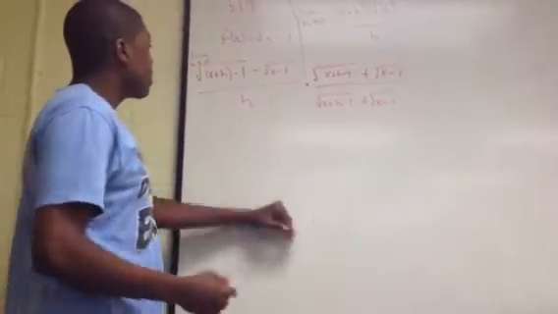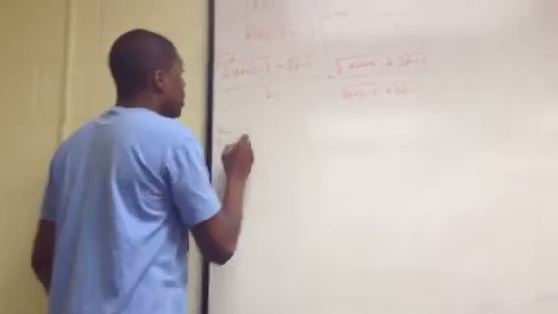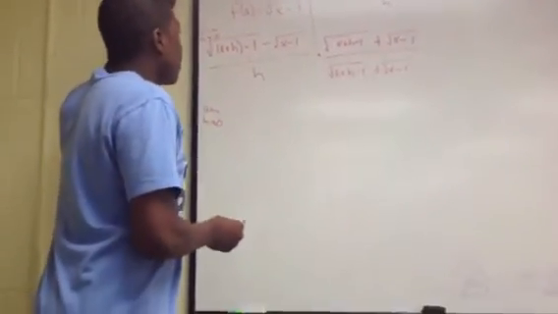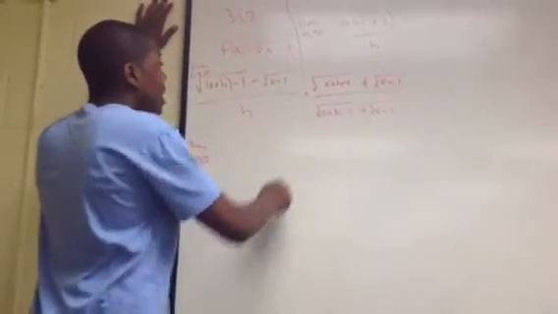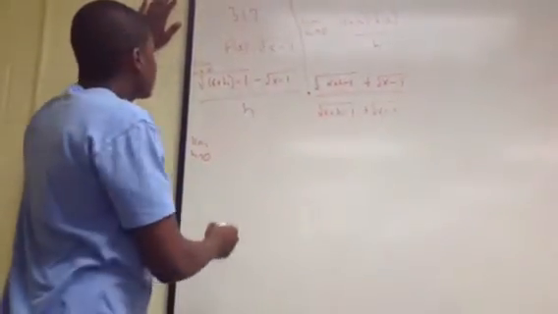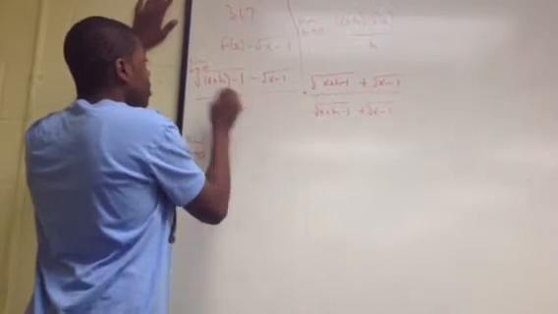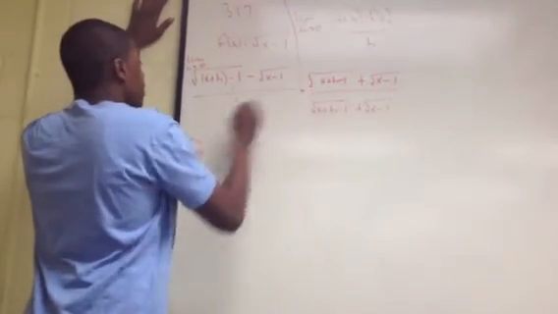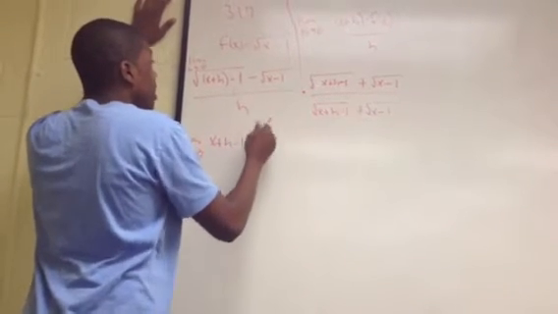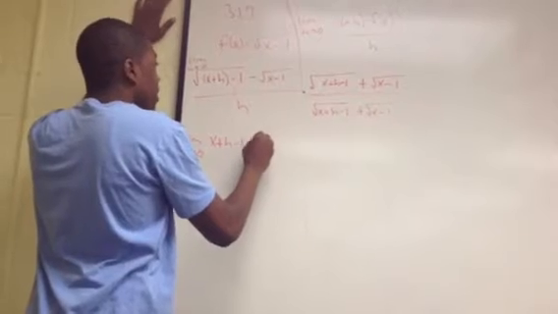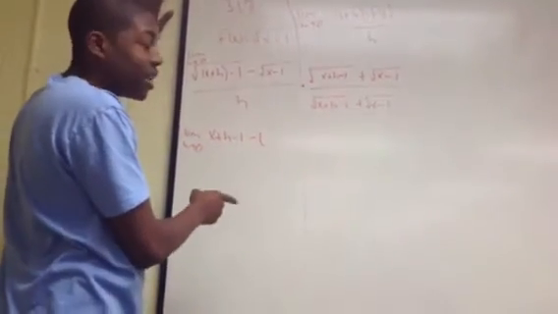Now to do this, you get the limit as h approaches 0. And so we have a difference of squares here. So we can square the first term and square the last term. Our first term is the square root of x plus h minus 1. If you square it, you just get x plus h minus 1. And since it's a minus, you have to make sure you have this in parentheses, so you distribute that negative sign.